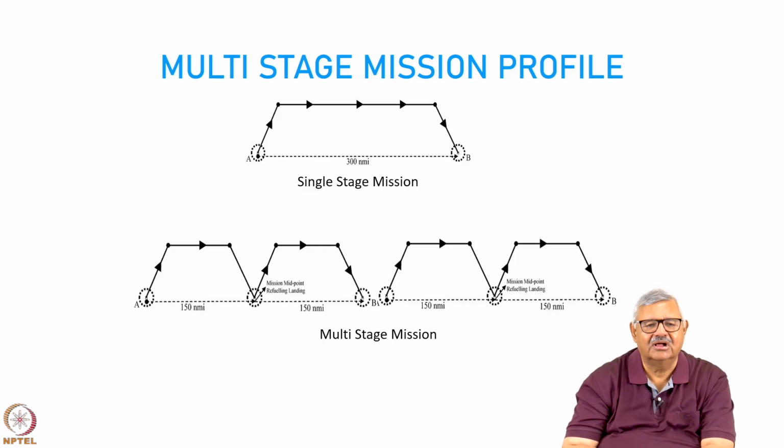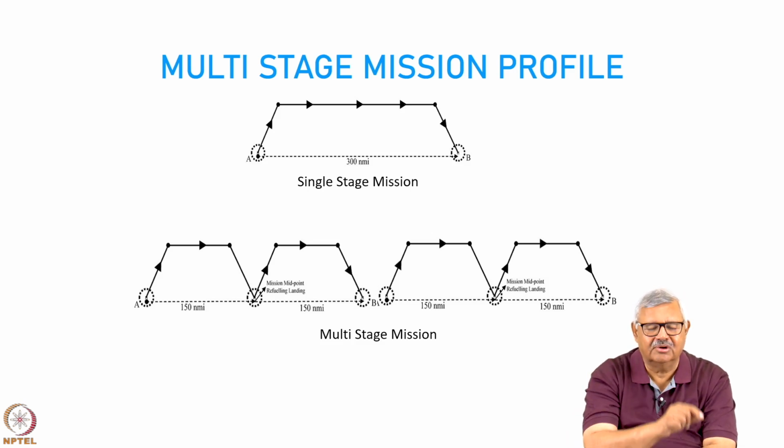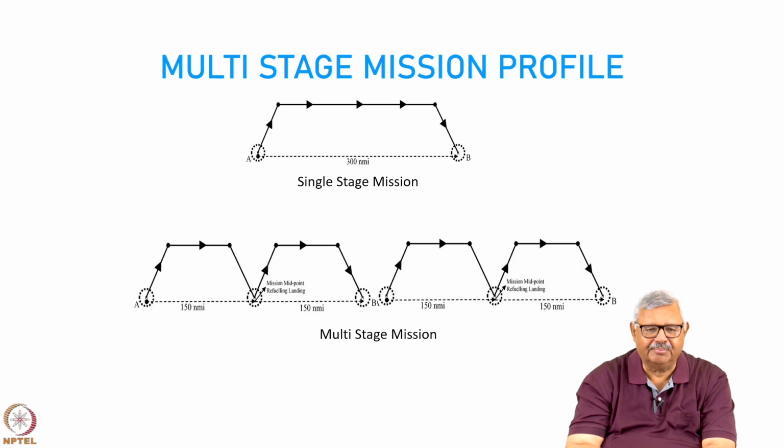Here what you do is you travel the same total distance of 300 nautical miles, but you do it in two parts. So, you travel from A to a point, and at that point you may or may not do refueling. Normally when we have multi-stage missions, we do not want to do refueling at every point we touch, because that will be a lot of time wastage.